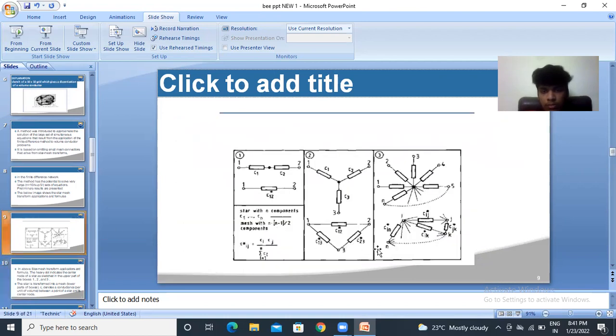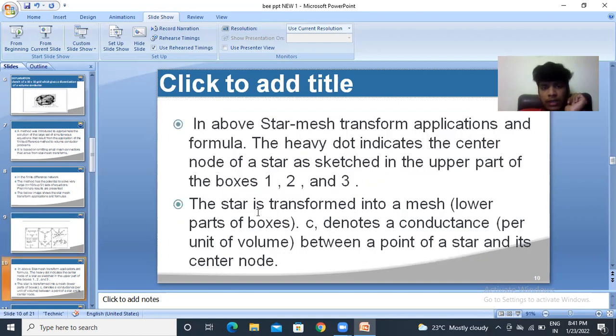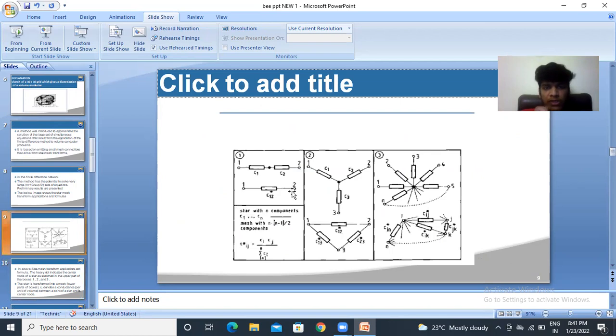Here, this is a star, and now it has been converted to the mesh. First this was the star node, and then it has been transformed into the mesh one, like this and like this.